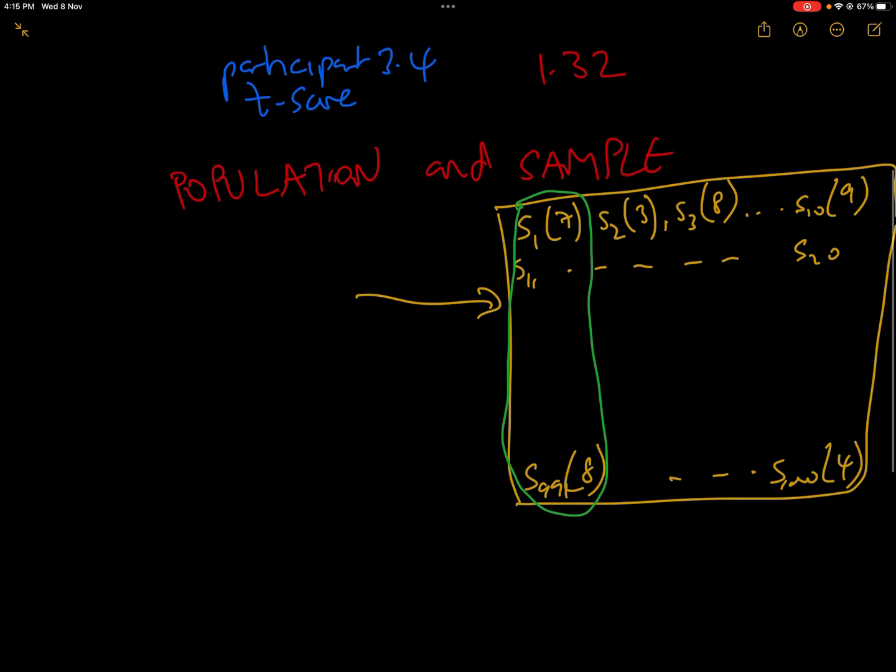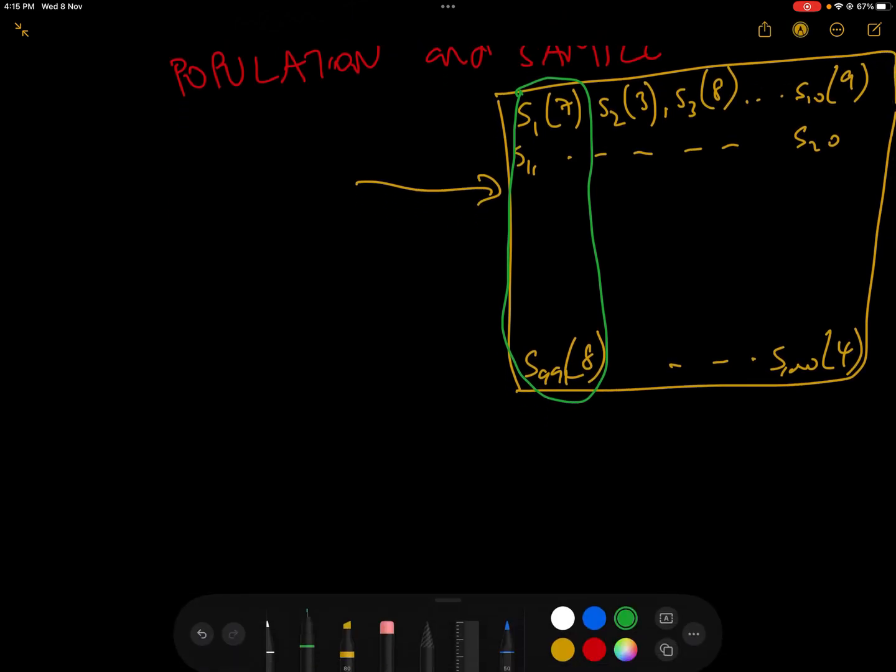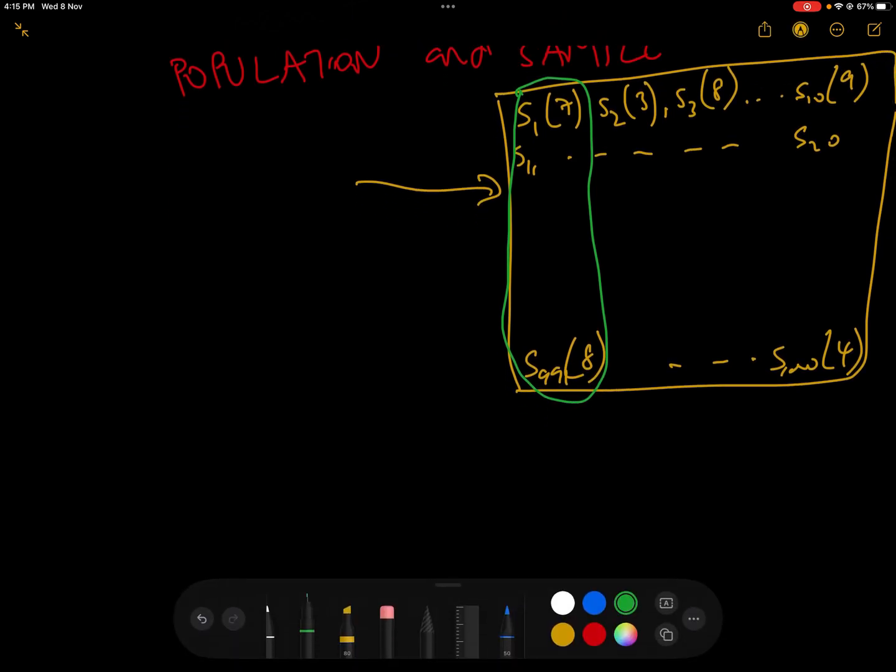Now, formally, if we are going to use the entire population, then the variance, which we discussed in the previous video, the variance of the population, is calculated by the following formula: the sum of x minus the mean, squared, over n.